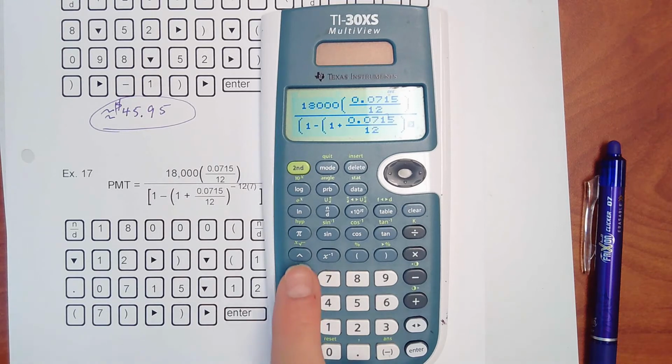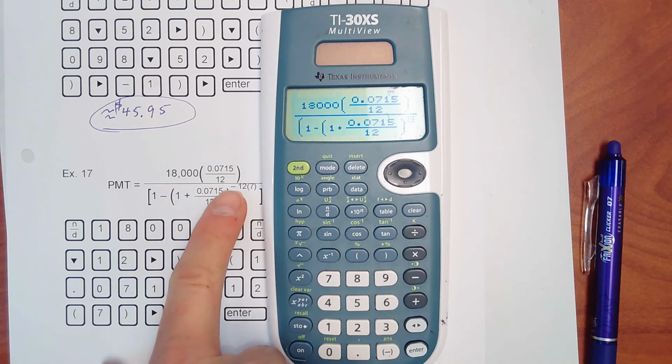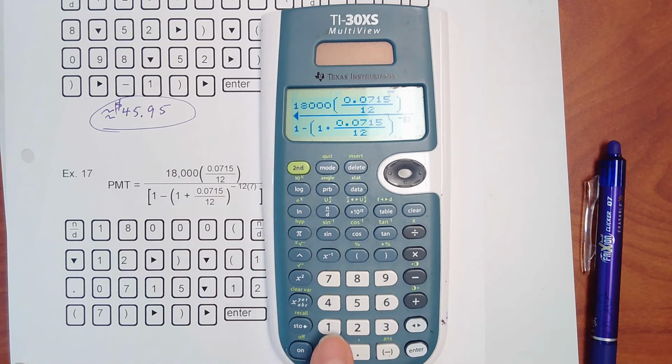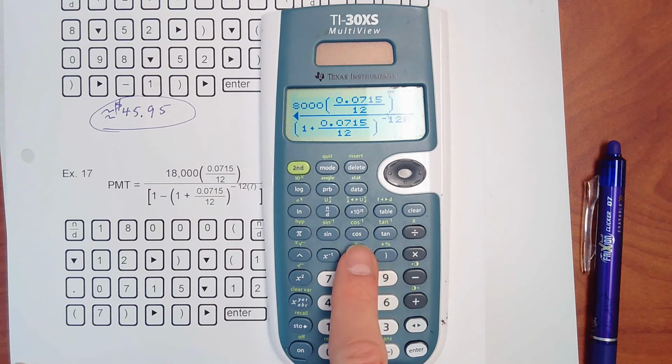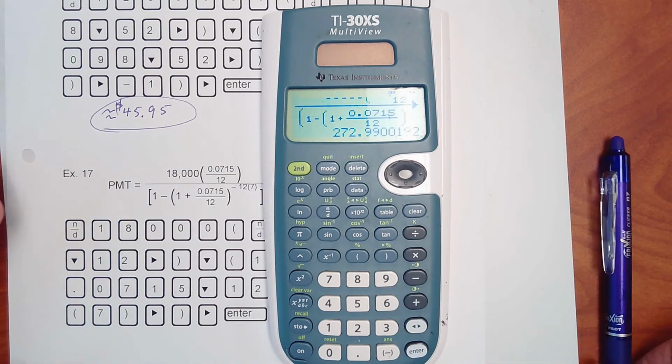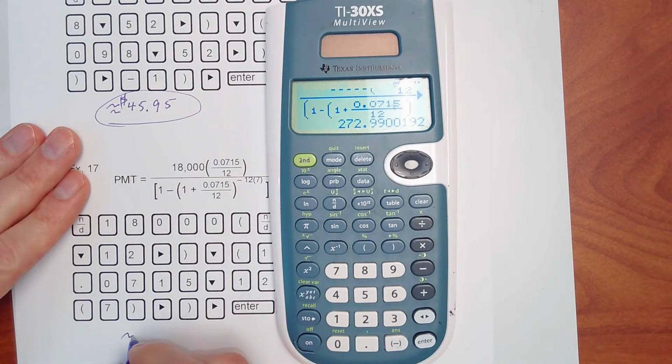I'm going to do my caret key. Now, this one here is a negative sign. It's not subtraction, it's a negative. So I'm going to be using the negative key next to the enter key. So we'll type negative 12, parentheses 7, hit my right arrow, close off the parentheses. So that'd be $272.99.